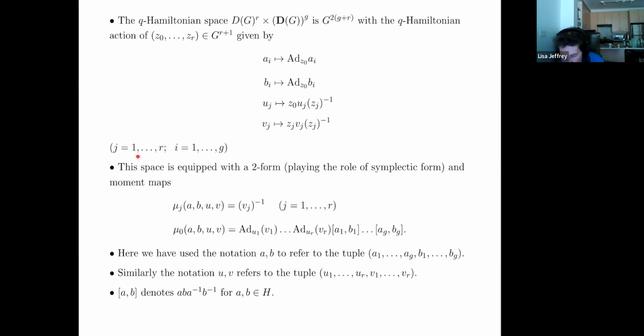The UV variables correspond to the double, and the AB variables correspond to the internally fused double.